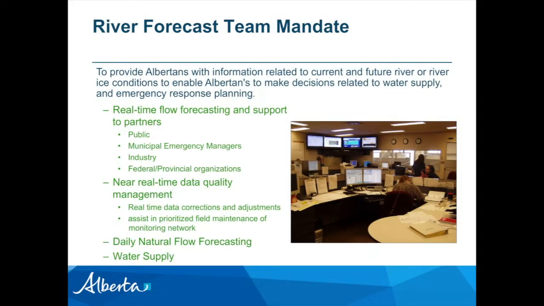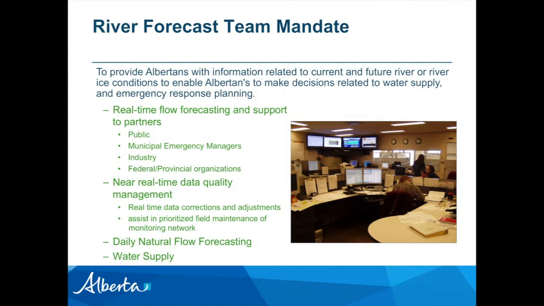In terms of a team mandate, we essentially have 4 functions within the River Forecast Center, with the main goal of enabling Albertans to make decisions about water supply and emergency response planning. The main one here is real-time flow forecasting and support. We have approximately 180 different groups within our flood notification system for the province.